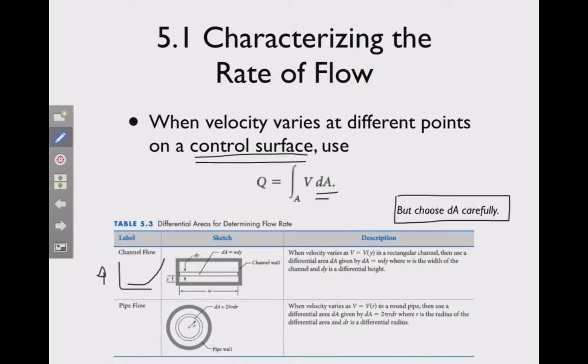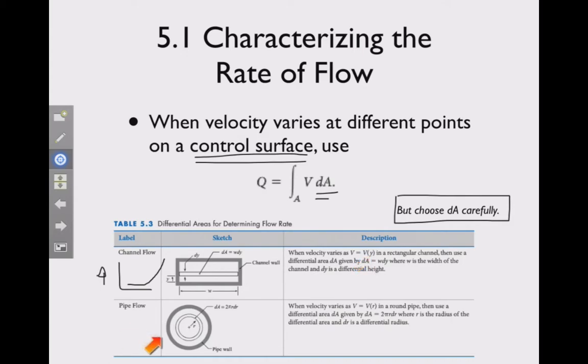I don't know, but it has some shape to it. So the most logical differential element to choose is dA equal to the width times dy, because y is the differential element since the velocity is varying in y.